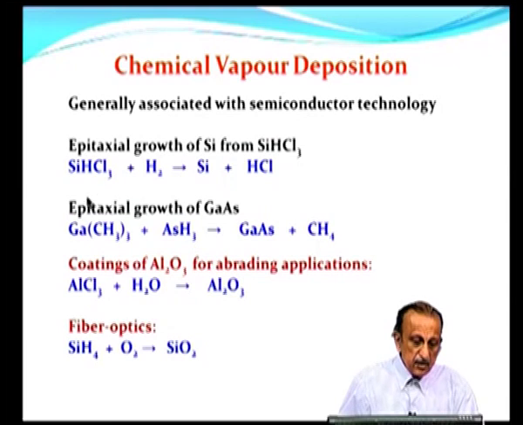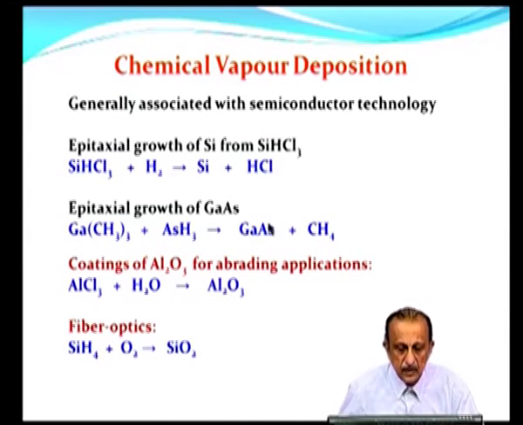So, epitaxial growth of gallium arsenide is possible by the CVD process by using trimethyl gallium and arsine to obtain gallium arsenide typically at about 600 degrees Celsius. So, one gets high quality crystalline layers of a controlled small thickness through such a process.